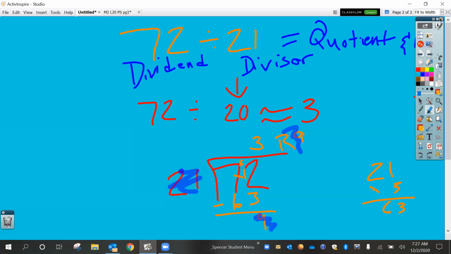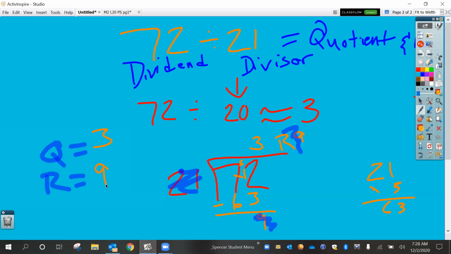Now, if we wanted to go into decimals, we will in the future. But right now, we're going to show our remainder. That was one way. I want to see the Q equals, R equals, just because I want to make sure you know which of these parts of your quotient are what. Which one's the quotient? Which one's the remainder?